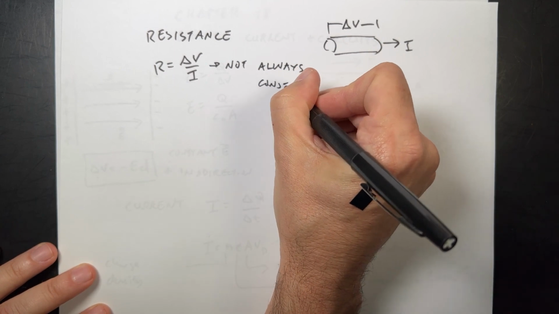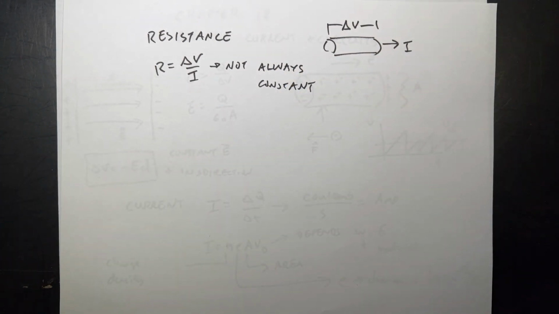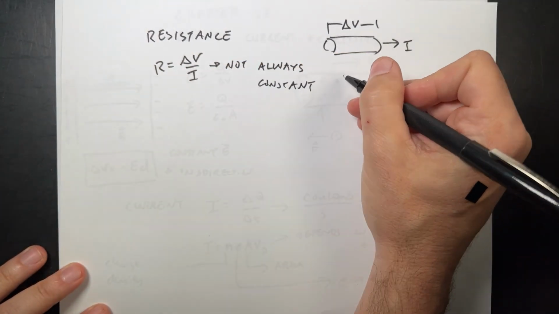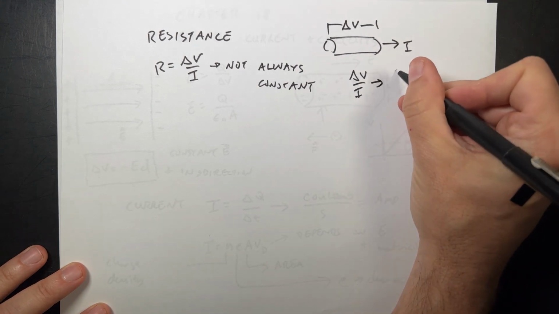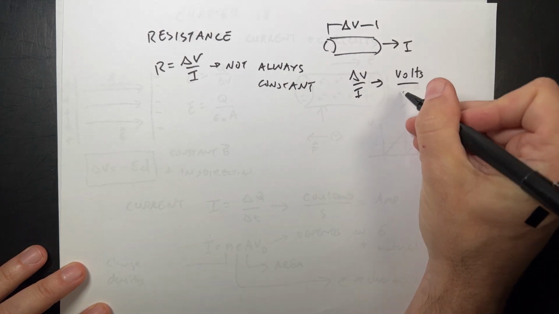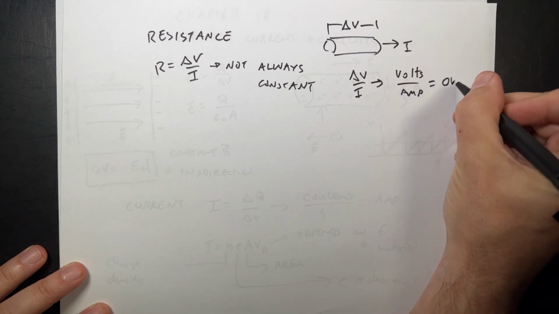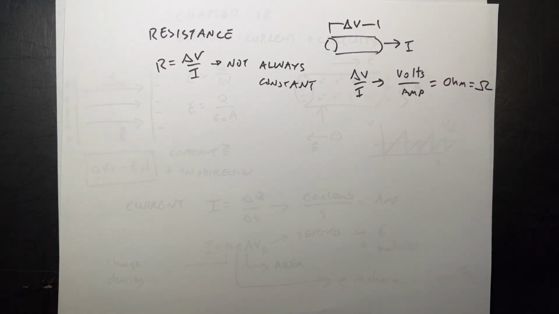It can be, or very approximately. If it is constant, we call that an ohmic material. We measure this resistance, delta V over I, in units of volts per amp, and that's equal to an ohm. And we also write that as the capital omega for ohms. I don't know why, but we do.